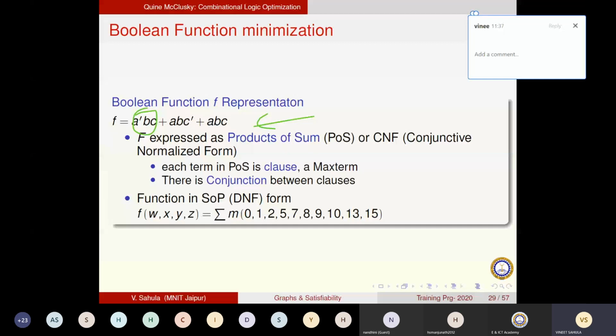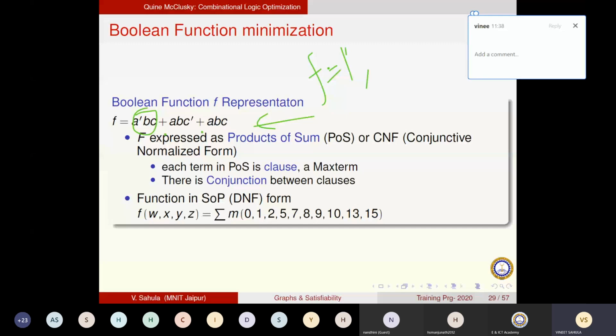I am saying minterm because there is an ORing operation in between. What does it imply? F will be 1 if any one of the terms becomes 1. So there is the OR function. Either the first term is 1 or the second term is 1 or the third term is 1 or many of them could be 1. Then the function will be 1.